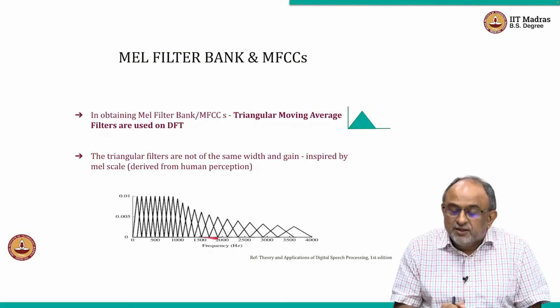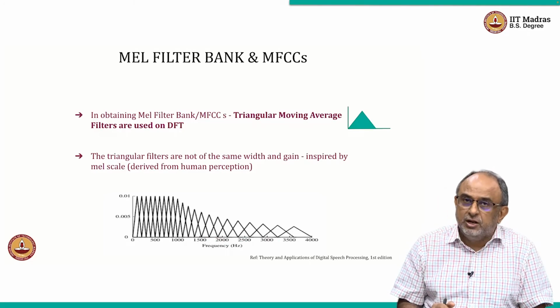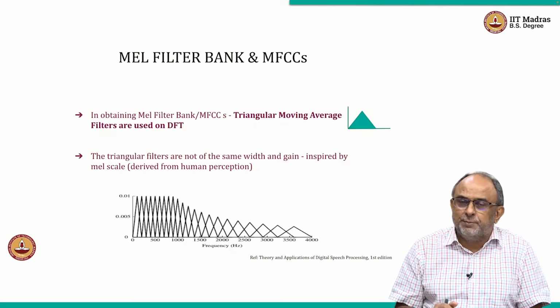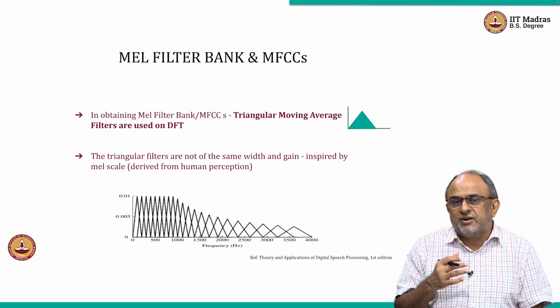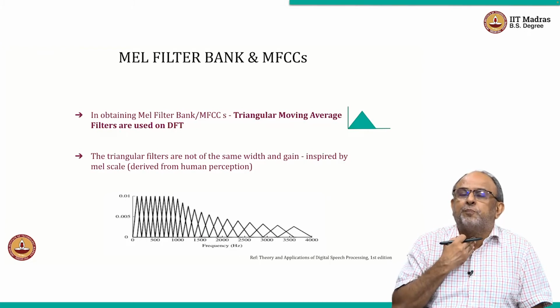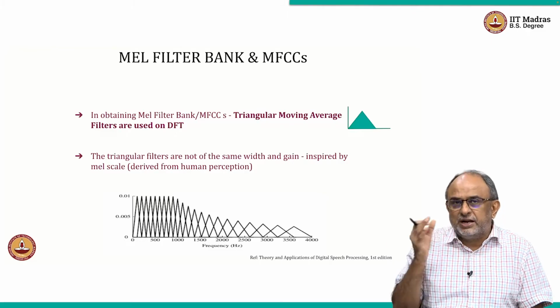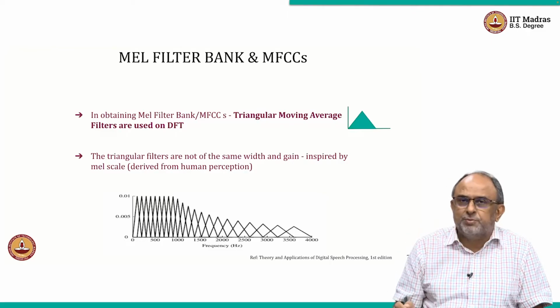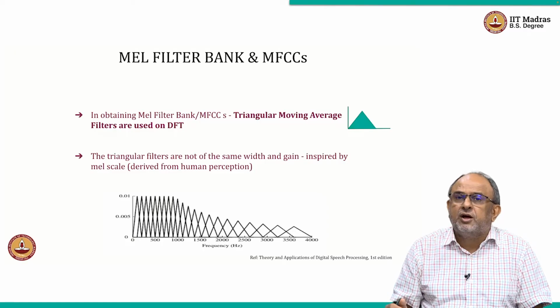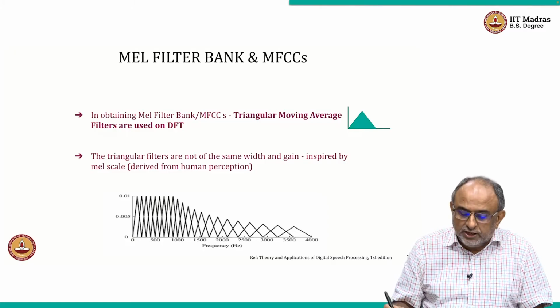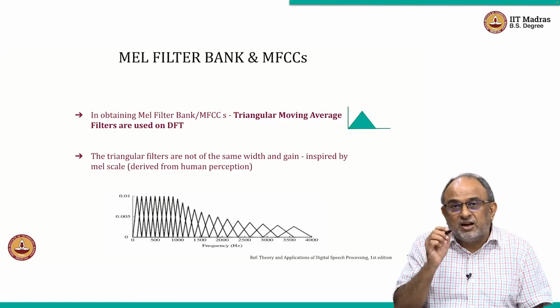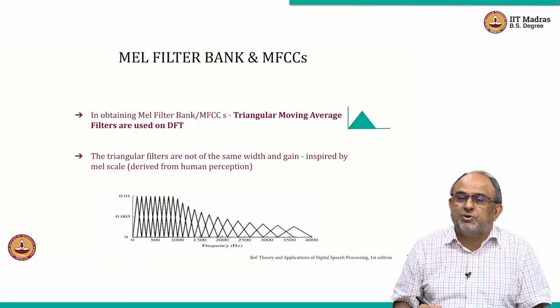So actually these operate with equal spacing and equal bandwidth in the Mel domain, trying to remove the effects of the voicing and extract the envelope information, which is more related to the sound that we produce. So now if you are clear, that is why the term Mel becomes very important.